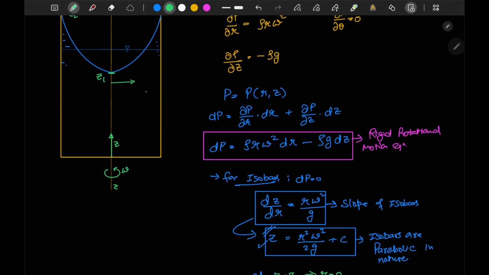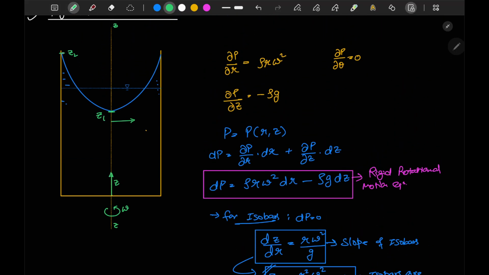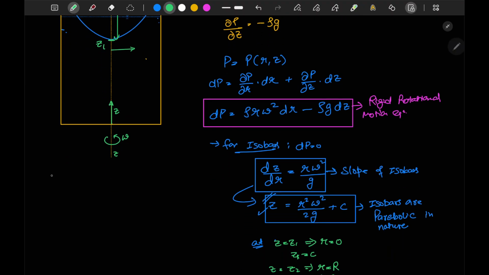We know that this is your parabolic surface. And this distance is your h, this is your maximum height difference. Maximum height difference h is equal to z2 minus z1.